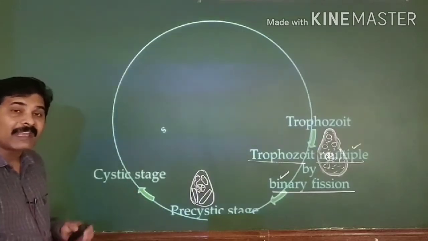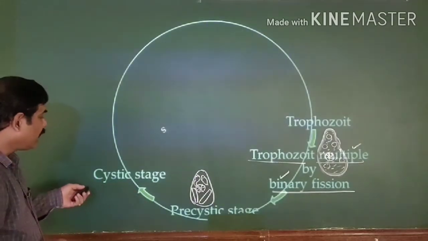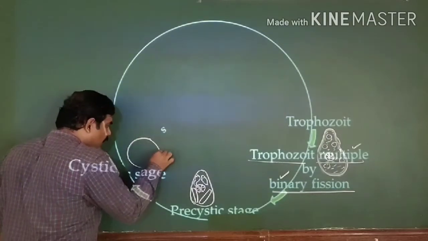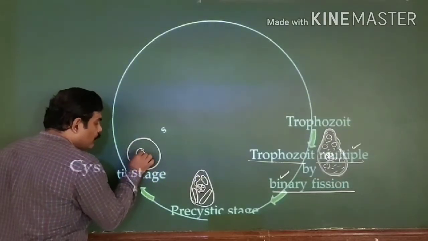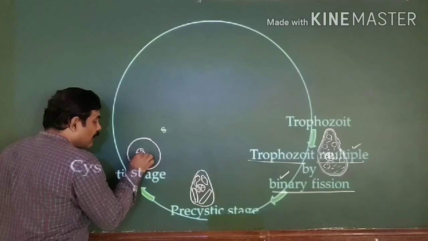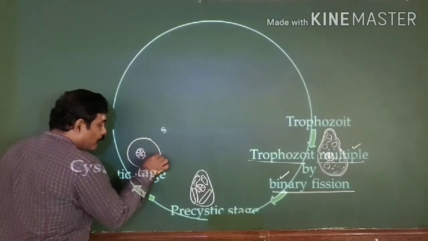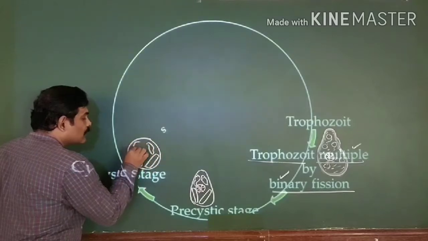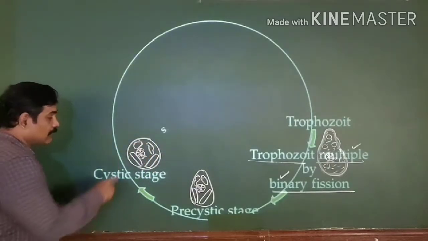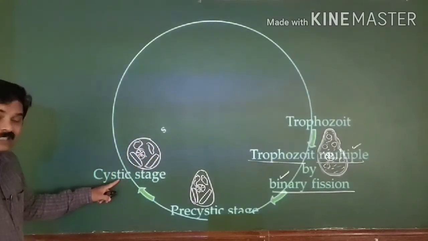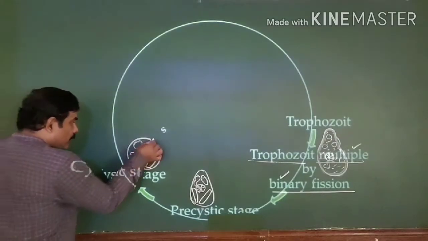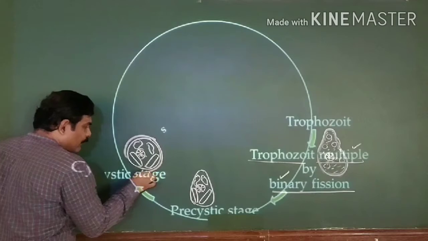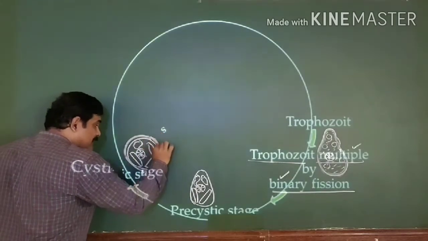Later on, this pre-cystic stage, which is present in the lumen of the large intestine, gets transformed into a cystic stage. This cystic stage is circular in shape, has a nucleus, and chromatoid bars are present. Within that, glycogen granules are also present. The most characteristic feature of the cystic stage is that it has a thin cyst wall. It is very hard and resistant.